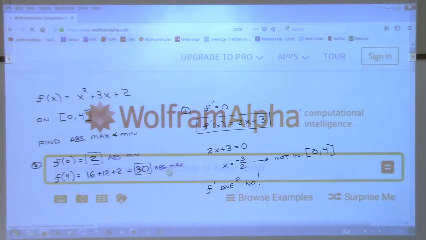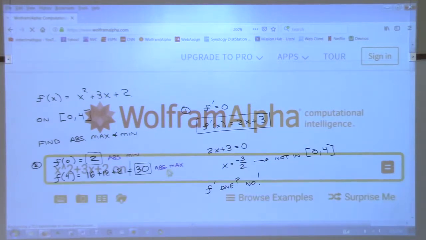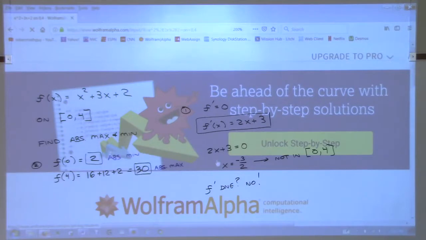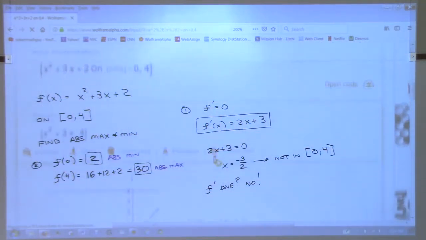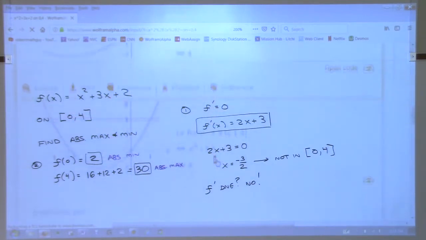All right, well, we'll graph it here then. x squared plus 3x plus 2 on [0, 4]. Let's see if it can interpret that. Whoa.